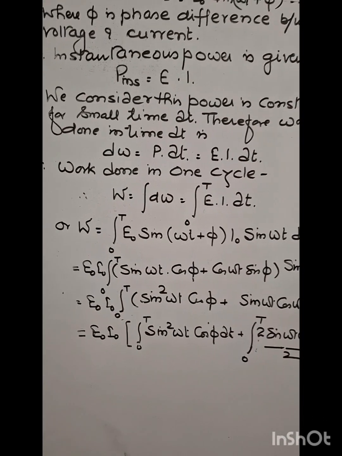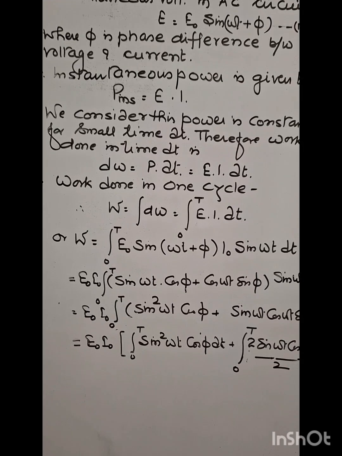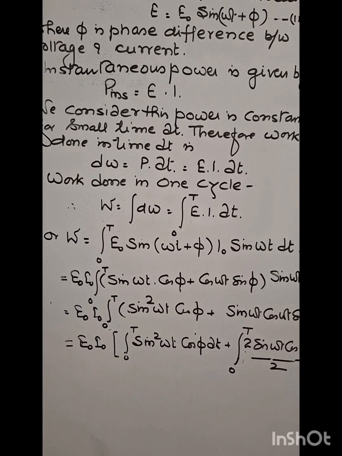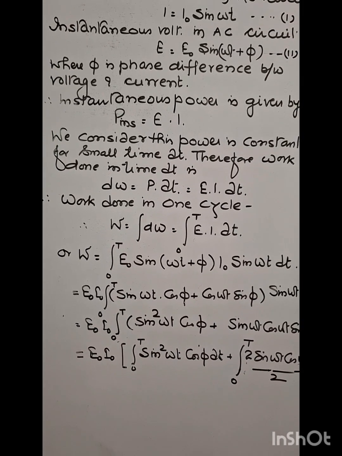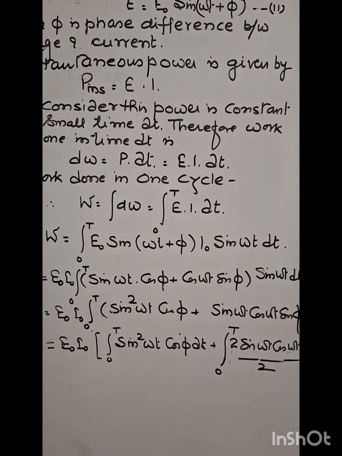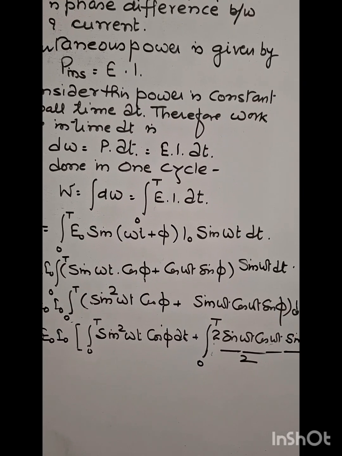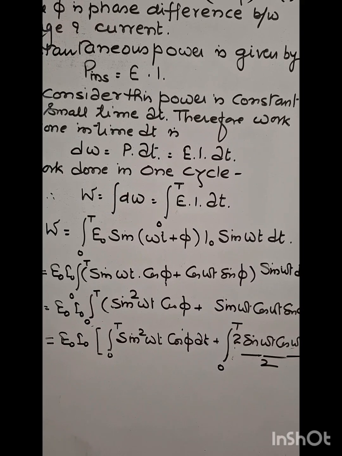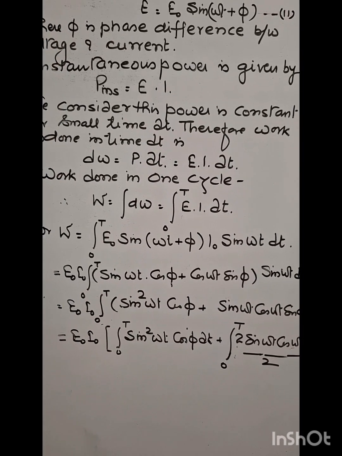To calculate work done in one complete cycle, we shall integrate. Therefore, W is equal to integral dW is equal to integral from 0 to T of E into I into dt.